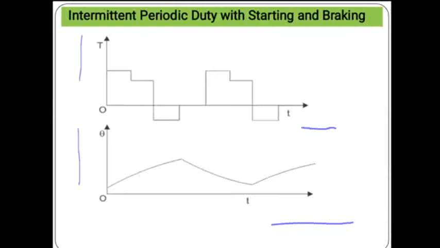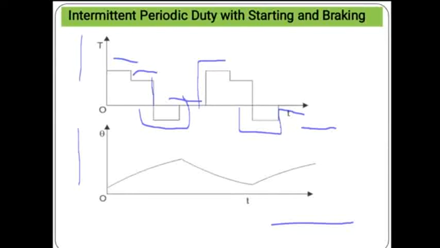You can see that this is the starting, then operating, then it goes to rest, and this will be braking, and after some time it goes to the rest period, and after some time it again periodically starts, operates, brakes and rests.